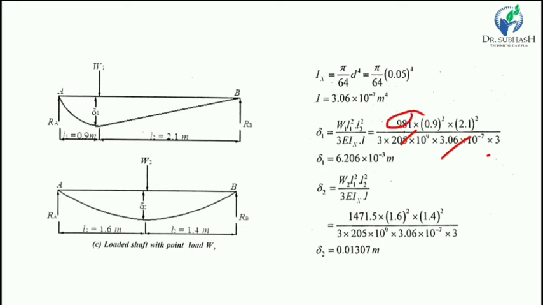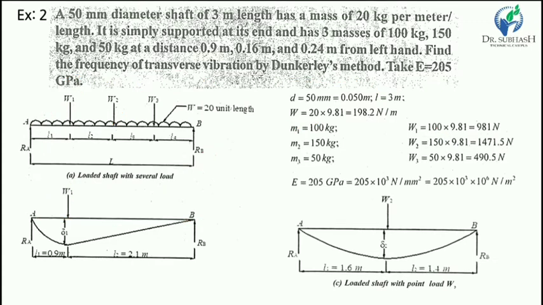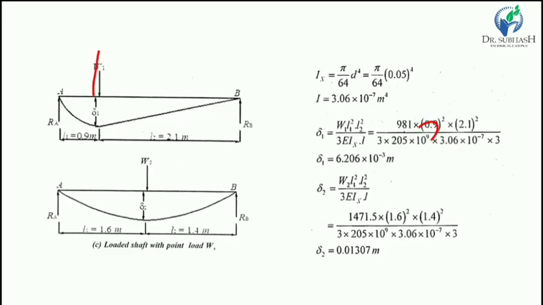Here W1 is the weight of mass 1, so M into G. The mass is given as 100 kg for M1, and multiplied by 9.81 it is 981 Newton for a single weight.